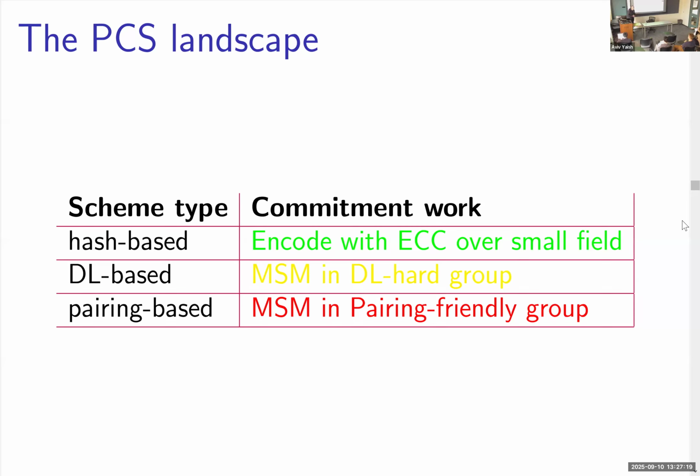So it is true that theoretically this is the only place we know to get linear time. Although in practice people are using Reed-Solomon, which is n log n, they're still getting very good results here because of the ability to work with small fields.